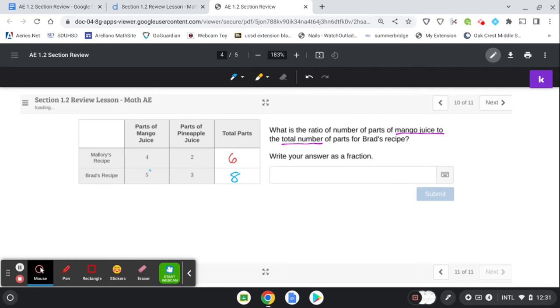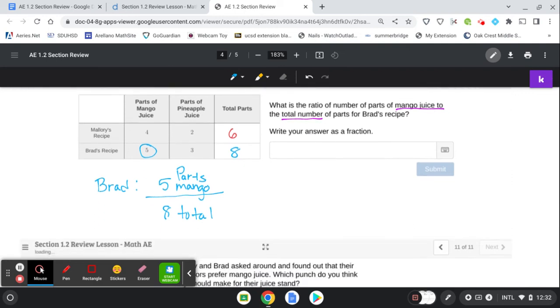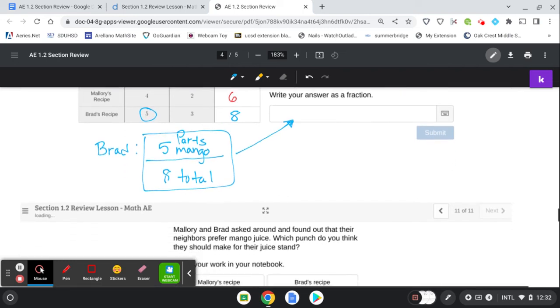So the parts mango juice for Brad's recipe would be 5. So 5 parts mango to 8 total parts. Okay, so that would be the answer in fraction form, so you want to write it in your text box.